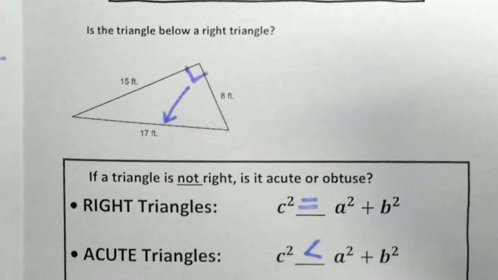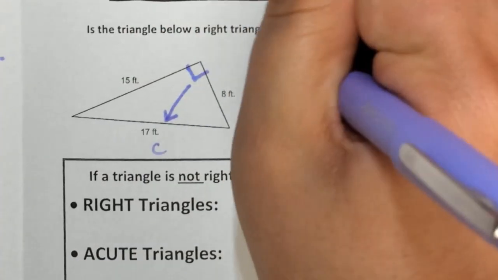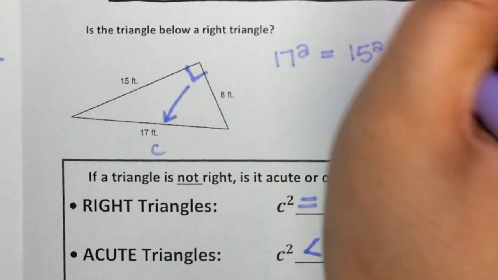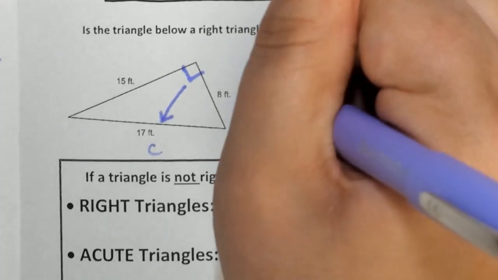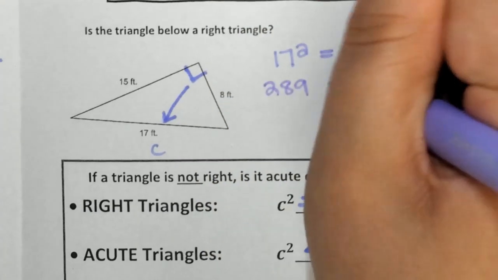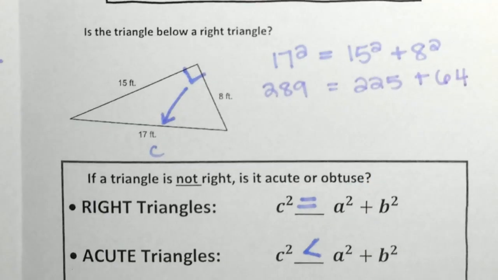If you weren't sure, do Pythagorean Theorem and see if this works. Is 17 squared equal to 15 squared plus 8 squared? Is 289 equal to 225 plus 64?